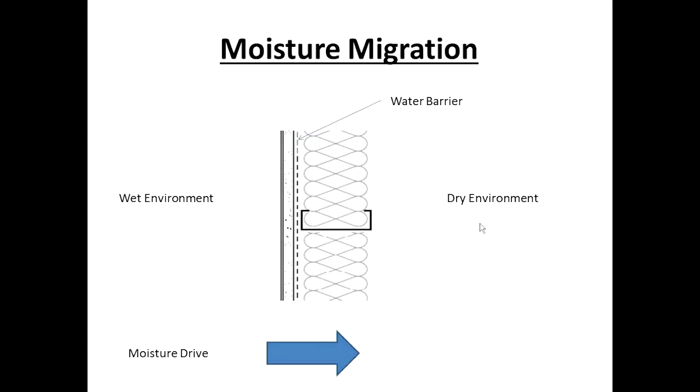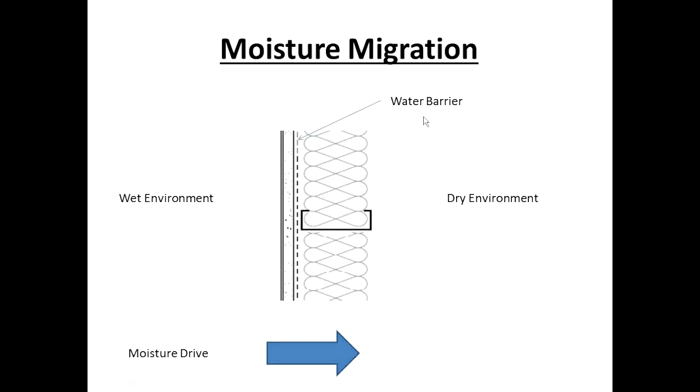The bottom line in all framed assemblies, or actually any assembly, is to keep water out of the stud cavity. I don't care if it's a wood stud, steel stud, I don't even care if it's a CMU wall. You've got to keep water out of that cavity or you're going to have problems.